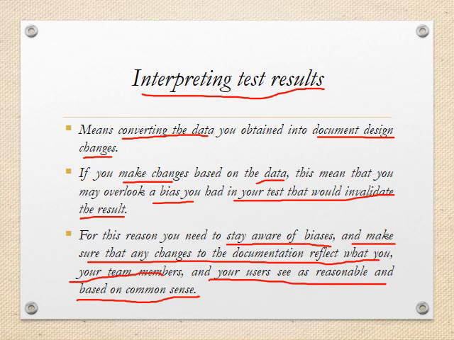That means when you try to interpret data, don't depend only on your own opinion or the opinion of somebody who's an expert in documentation, because sometimes these opinions might have problems or they might affect the usability of your document.